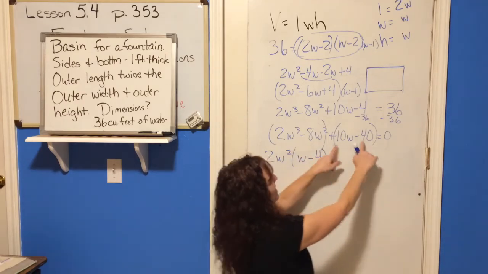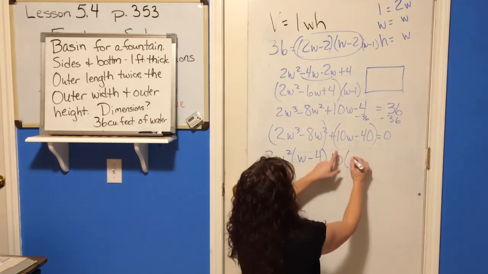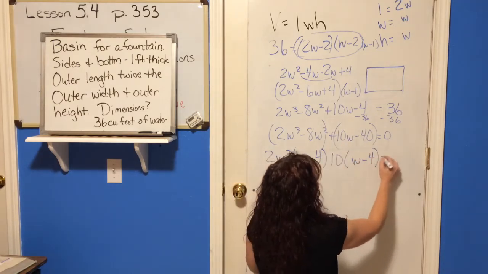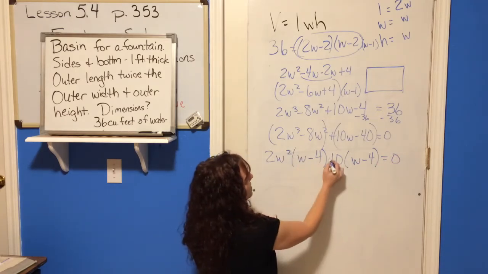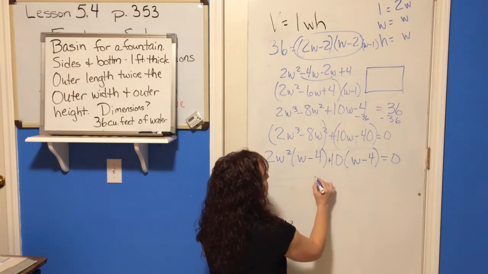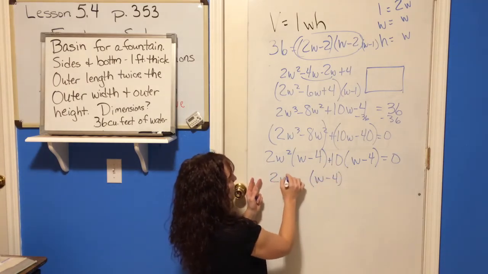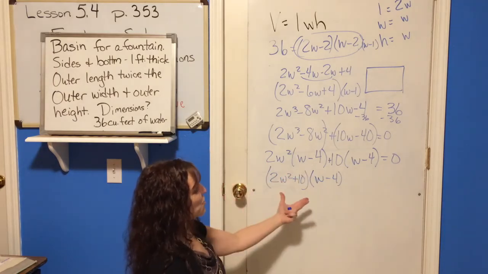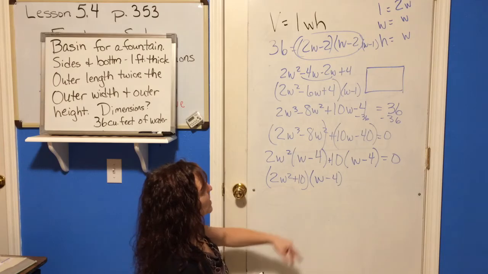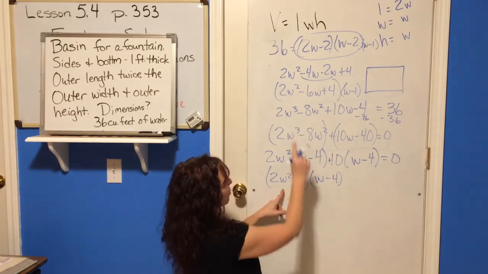And this is going to be 10 coming out, and this is going to be w minus 4. Yay! I like it when it works. So now the w minus 4 comes out, and 2w squared plus 10. And that's as far as it will factor. But we should end up with 3 answers.